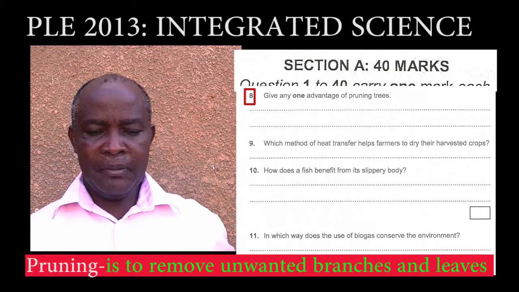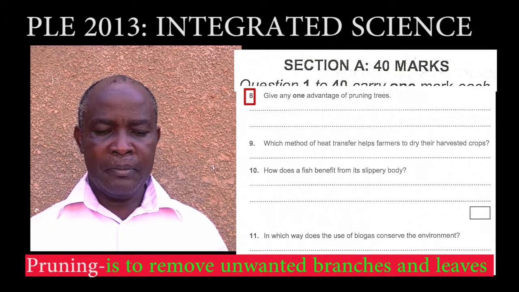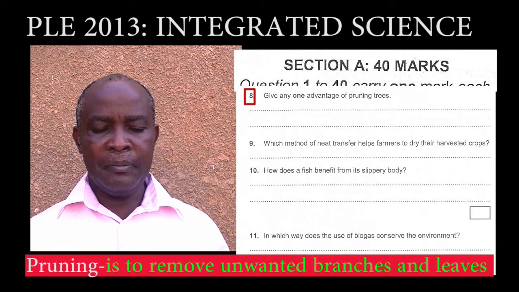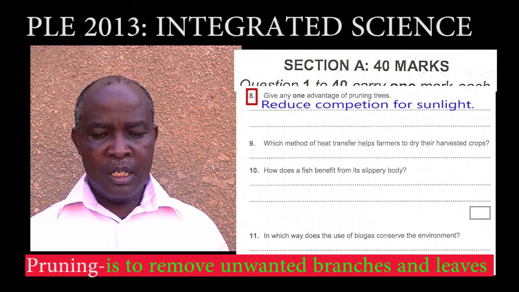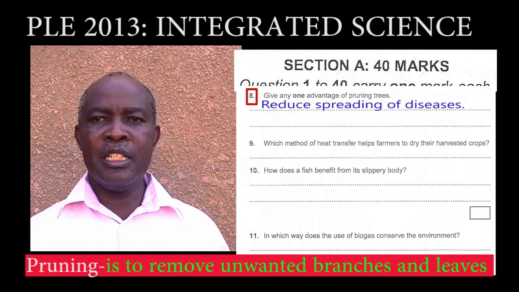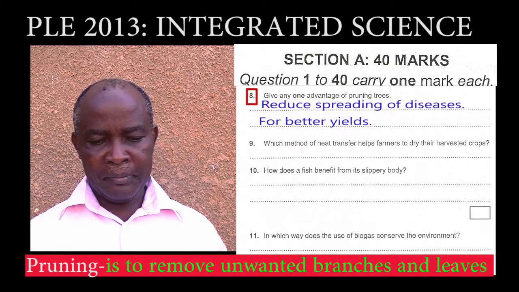Number 8, give any one advantage of pruning trees: to reduce competition for light, to make weeding easy, to reduce spread of diseases, for better yield.